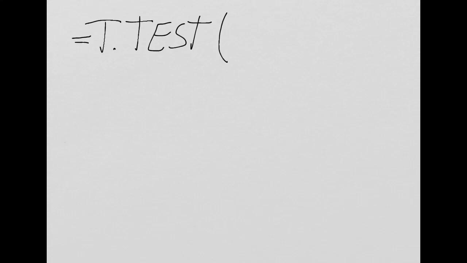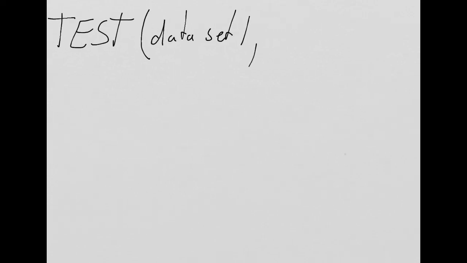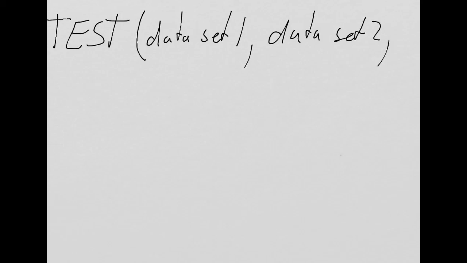In Excel, in Numbers, and in Google Spreadsheets, you can do a t-test. The function for that is TTEST. You put in your first data set, comma, data set 2, comma.